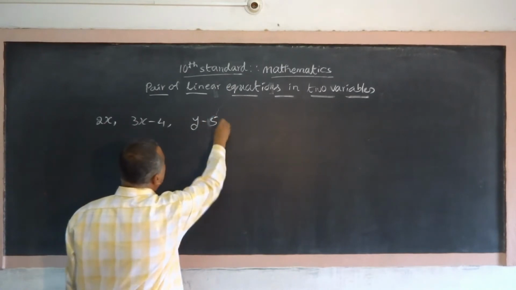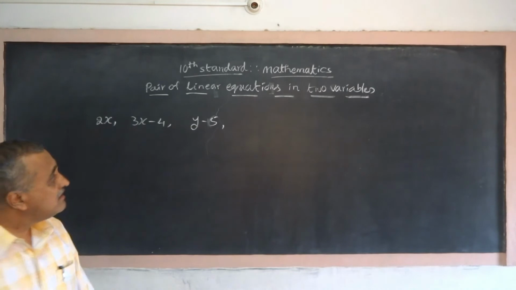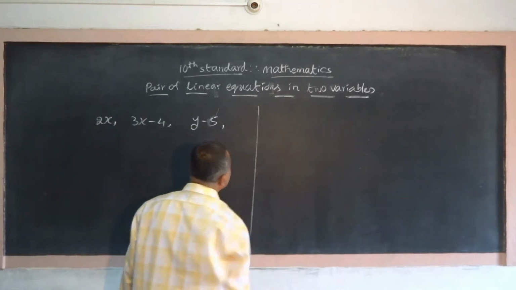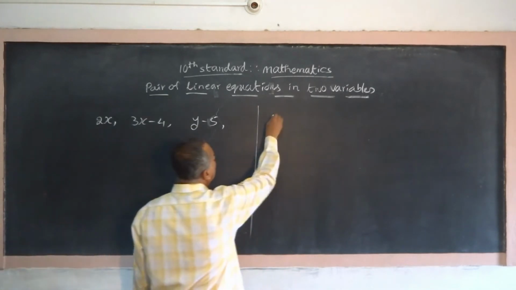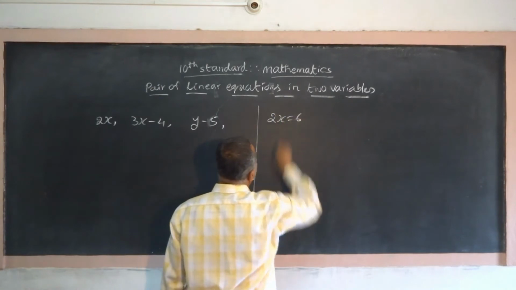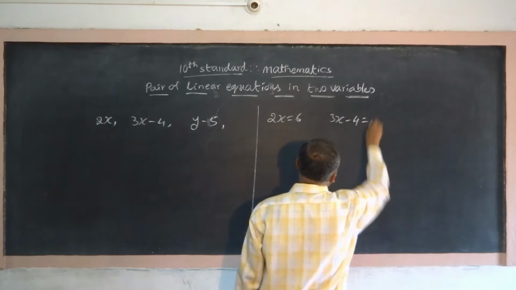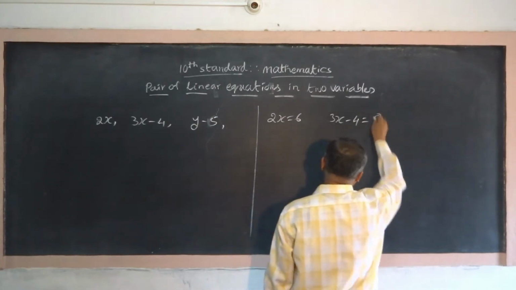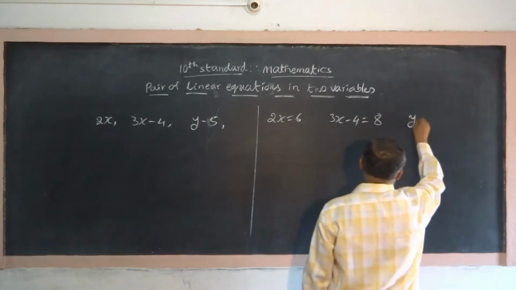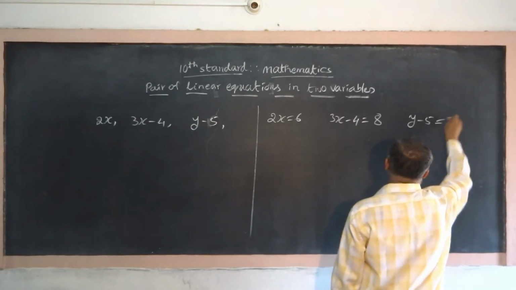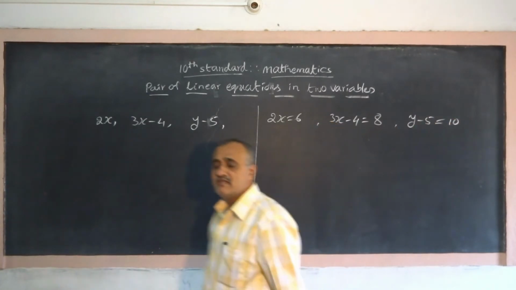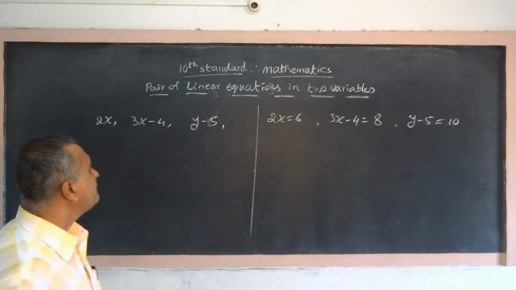We may take some examples like this. And also you may consider 2x equals 6, 3x minus 4 equals 8, y minus 5 equals 10. You may consider some examples like this.